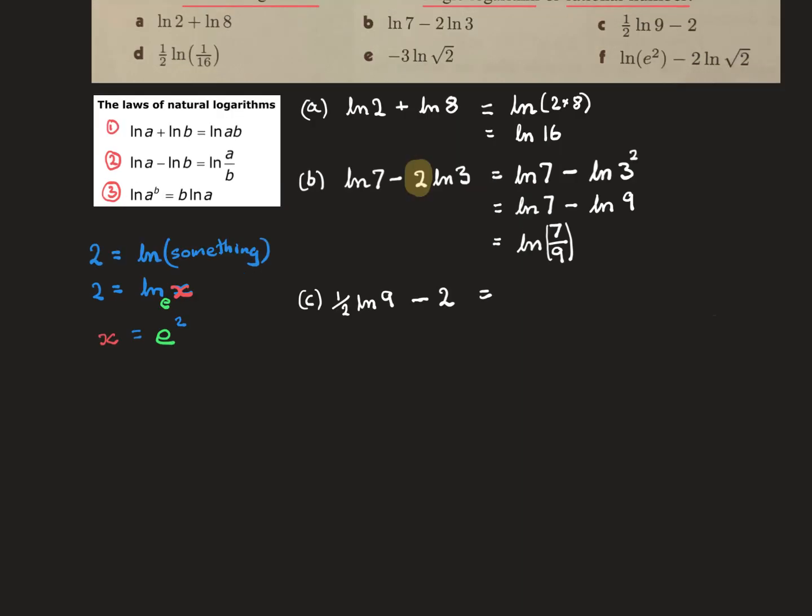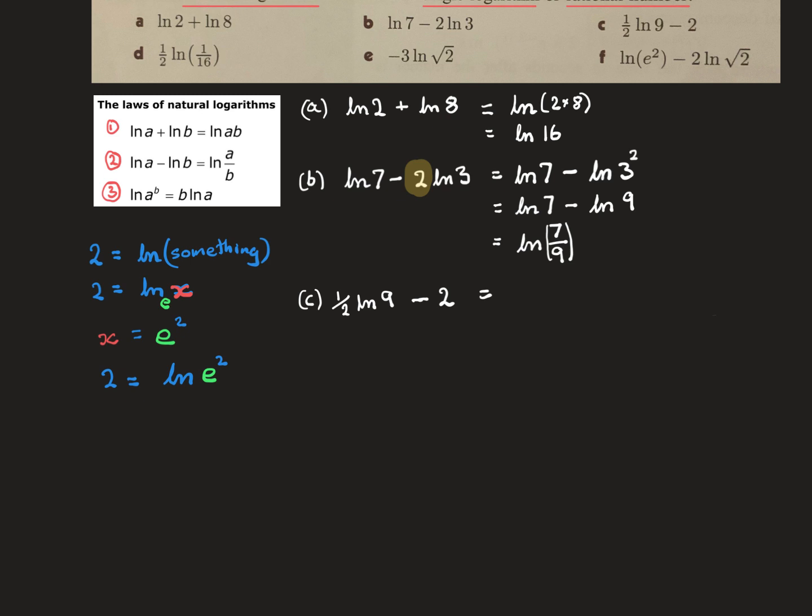So now that I know what my x is, that it's e to the power of 2, I'm going to rewrite it into that something here, remember? So it's going to work like this. So that means that 2 is equal to really ln e to the power of 2.